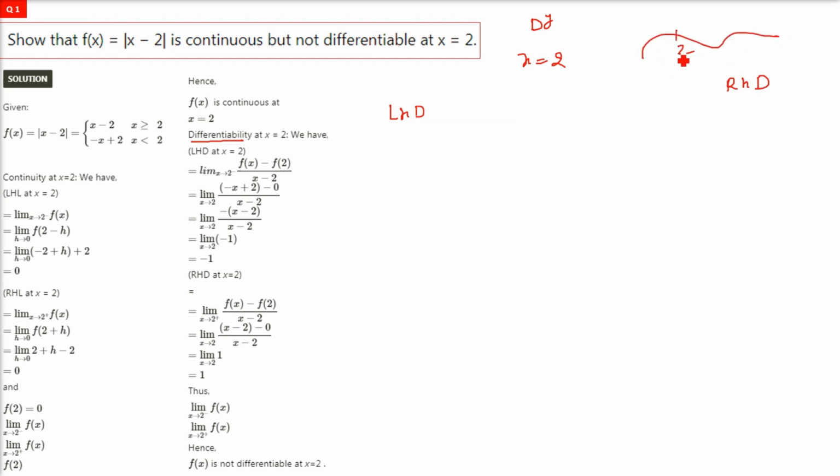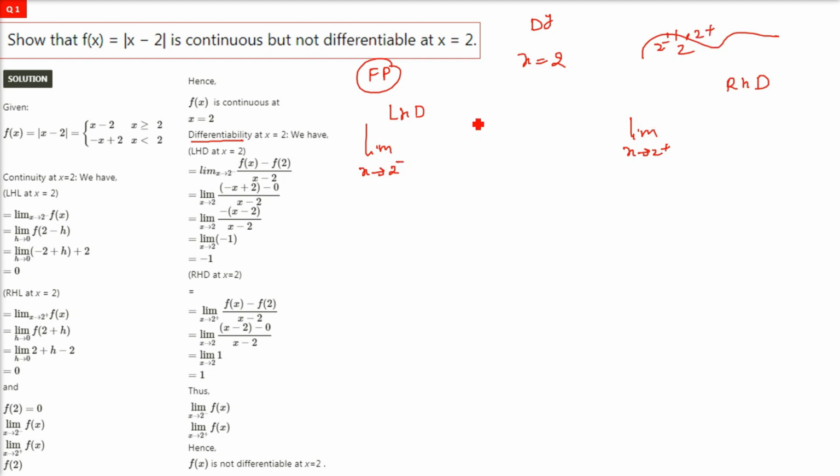Same curve, it can be any curve. At point 2 we have to check, so we have to go just a bit behind, just a bit in front. That is some value h. So the first principle we are going to use: limit x tends to 2 minus, and limit x tends to 2 plus. 2 minus and 2 plus.